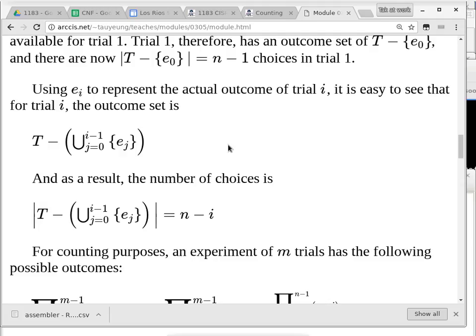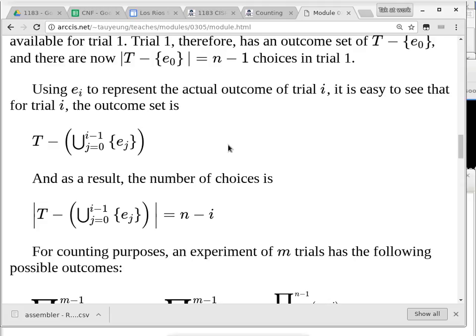It's just that there are a lot of symbols involved here because we have to use a union, and then we have the union with every single singleton set, and each set for each E subscript J is representing what was chosen, or the outcome of the earlier trials in the same experiment. Is that okay? All right. So when you look at the cardinality, it is not a big mystery.